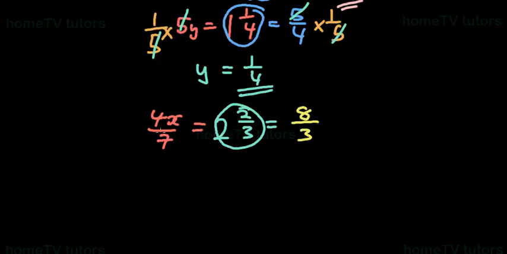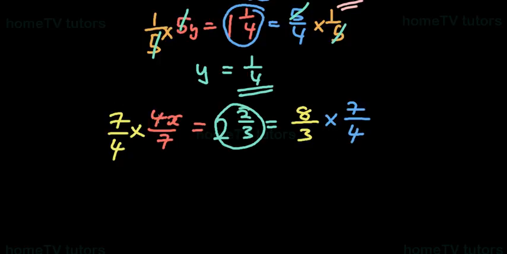So now the inverse of 4 over 7 is 7 over 4. Good. This is a good example to really look at. So we multiply the right hand side as well by 7 over 4.